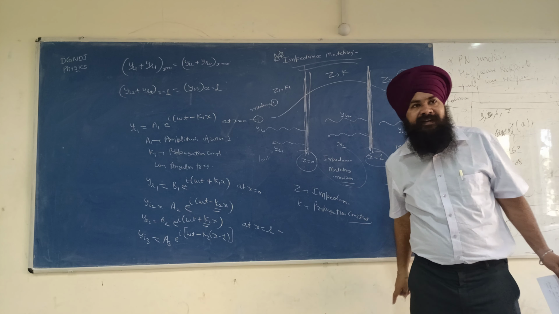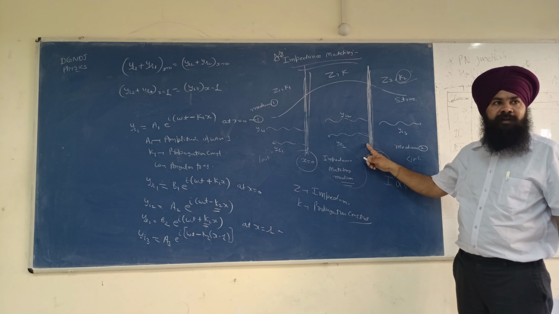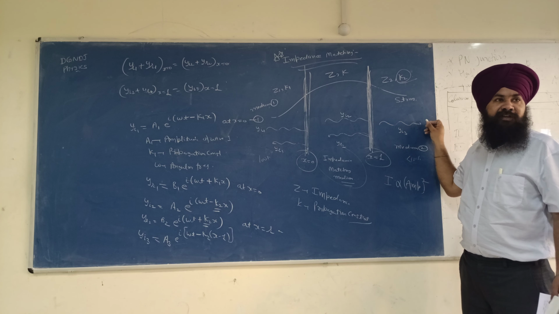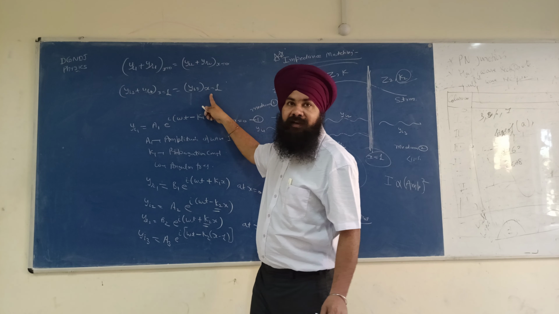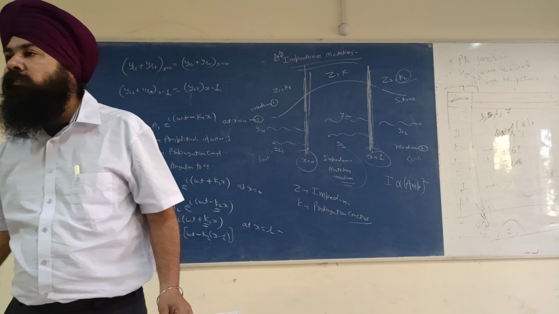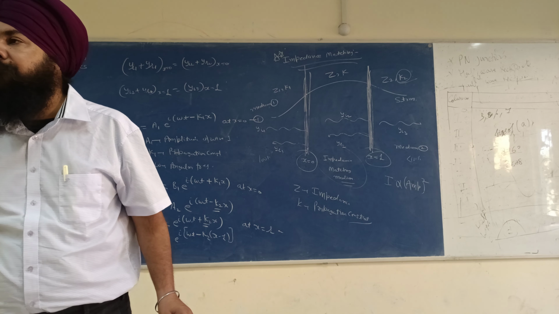That is the first boundary condition. The second boundary condition is yi2 and yr2 is equal to yi3. There is only a single wave function at x is equal to L. Okay? The power transfer is maximum.